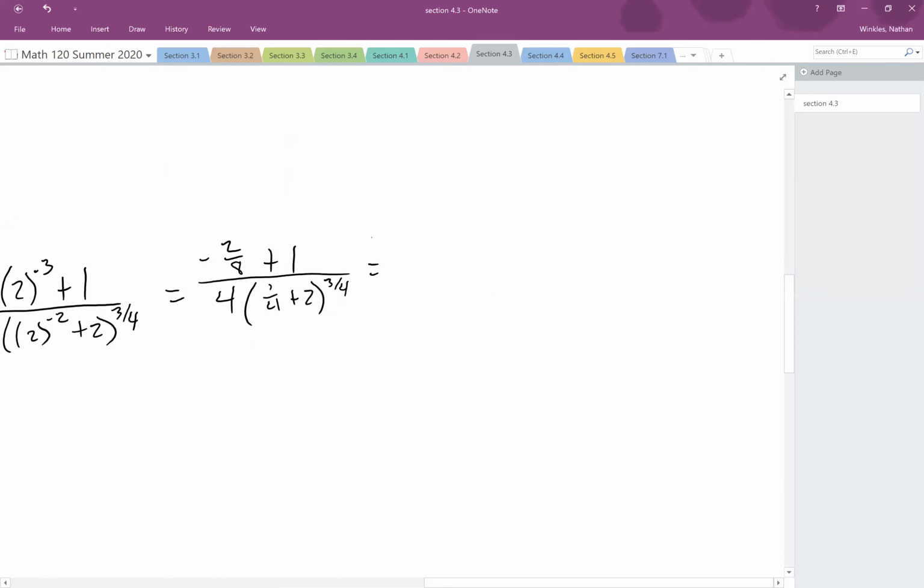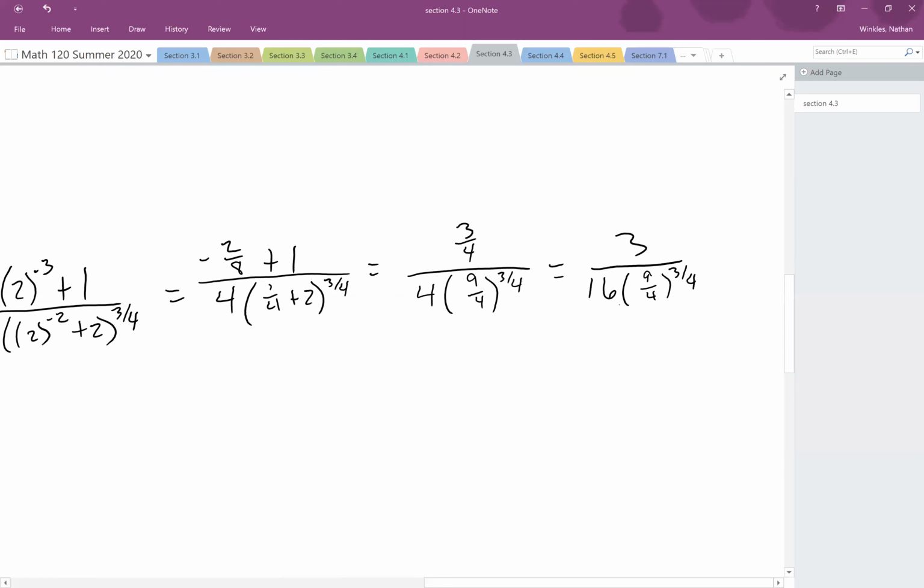So negative 2 over 8 is negative 1/4 plus 1 gives me 3/4 divided by 4 times 9/4 to the 3/4, or 3 over 16 times 9 over 4 to the 3/4.